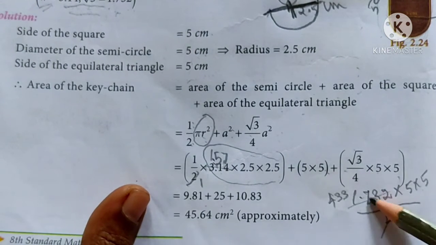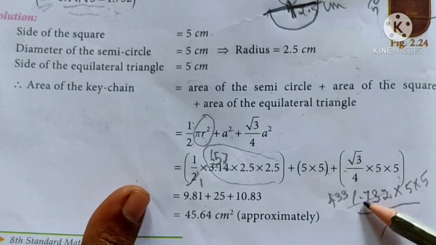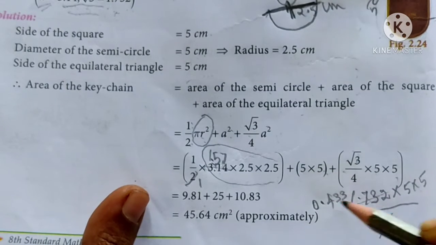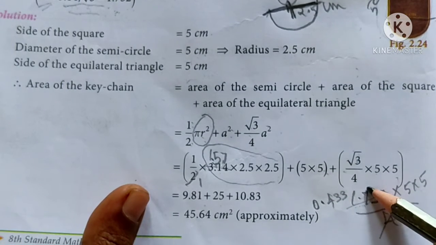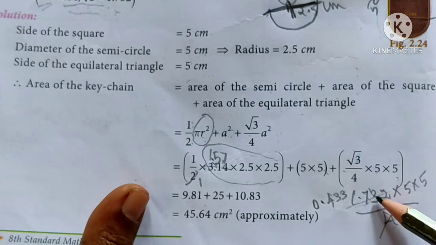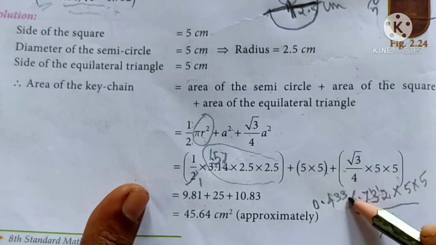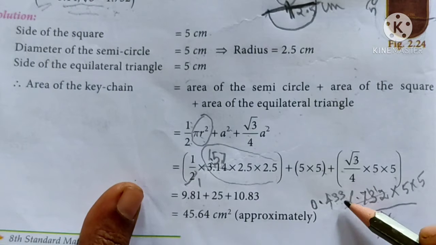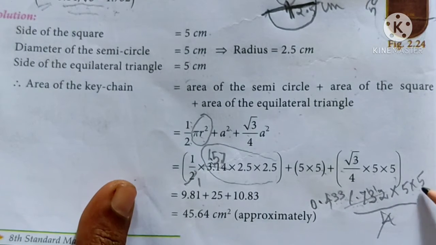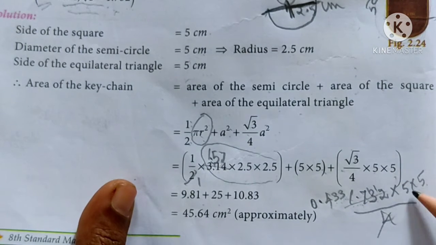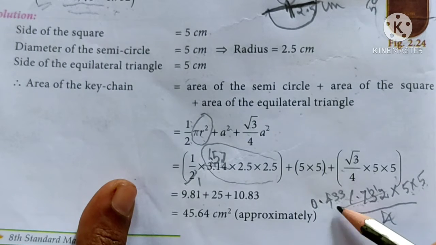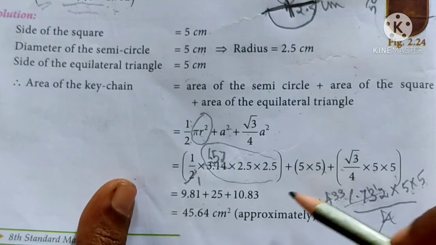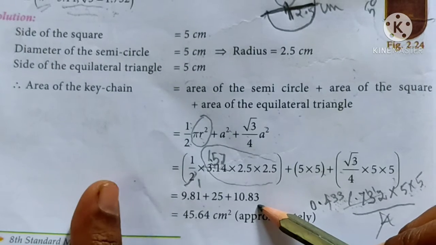So cancel these two numbers. 4 4s are 16, 1 balance. Next 4 3s are 12, again 1 balance. 4 3s are 12. So we get 0.433 into 5 into 5. We find the product: 5 5s are 25. So 25 into 0.433 we get 10.83.